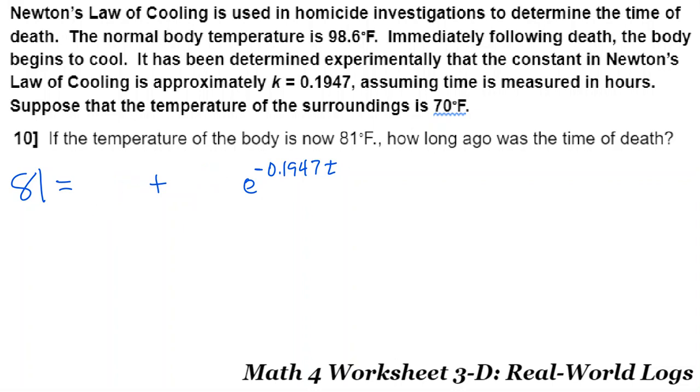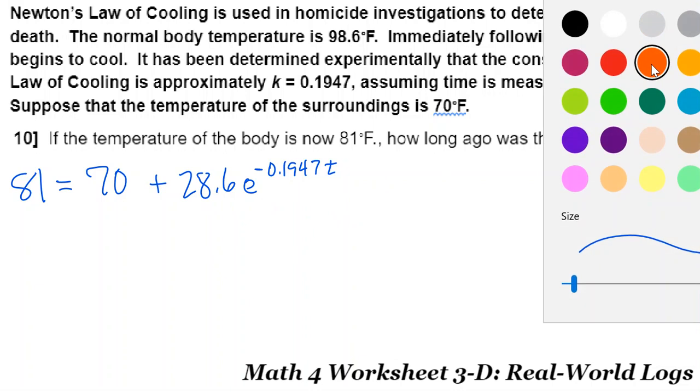I just had this wrong. This was supposed to be 70. This was supposed to be 28.6. That's where I went wrong. This first number is supposed to be room temperature, and then this next number is supposed to be the difference between normal and room. All right, so let's start this again.